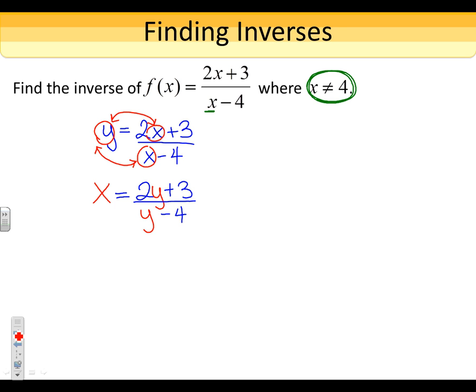Then we need to solve for y so that it's in function form. So solving for y, I'm going to multiply by y minus 4 on both sides to clear this denominator.